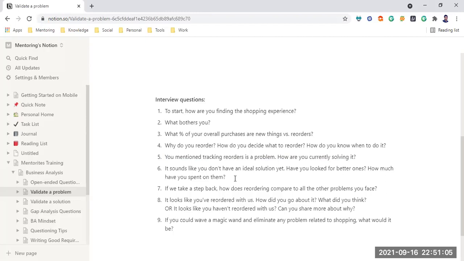Whenever you are trying to understand a problem or validate a solution, you should focus more on the as-is and what happened in the past. I'm not saying you should not ask any future-related question, but the focus should be on the past, which will help you create a good understanding of the problem.